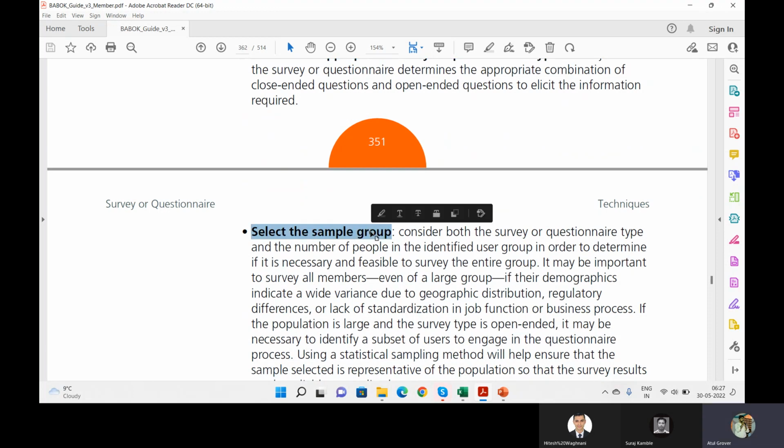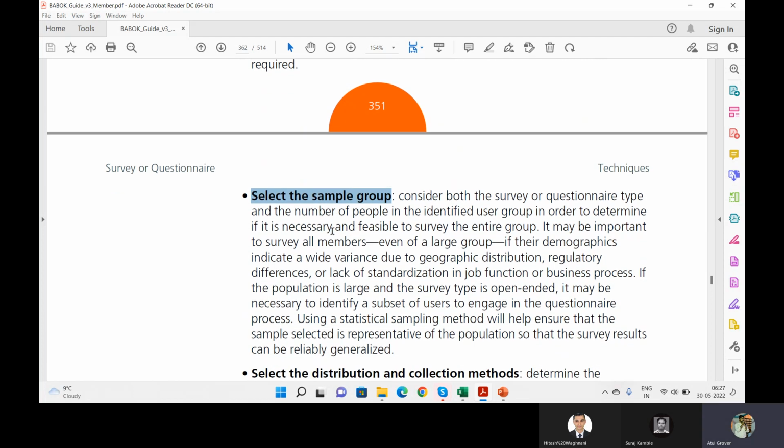When you want to do a survey, you should be 100% perfect in the selection of the sample groups. भाई अब मेरी कंपनी में 1 लाख लोग काम करते हैं. I cannot take data from the 1 lakh people. I'll just send an email or survey to those who joined in the last 1 month. That is my sample group because they are the ones who can tell me how I can improve my company performance.